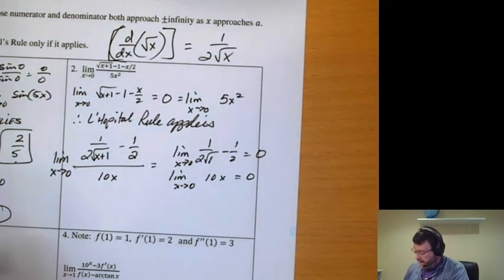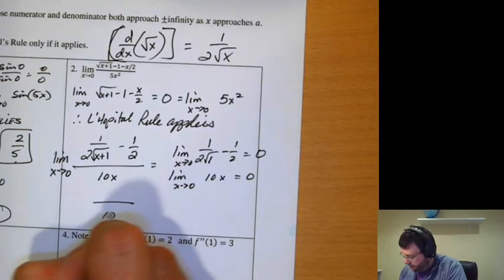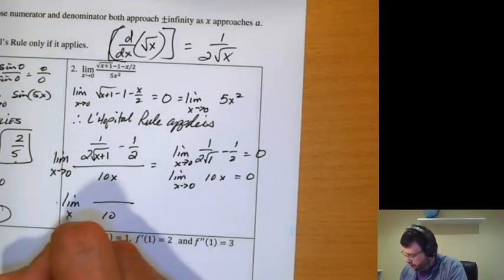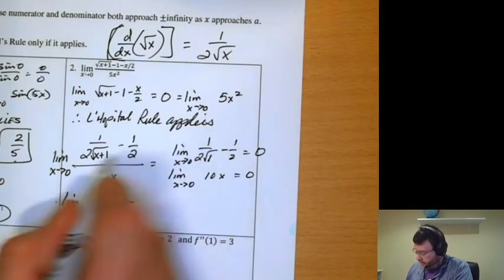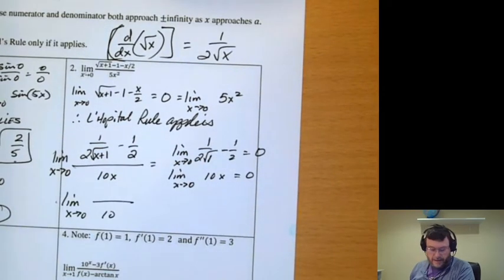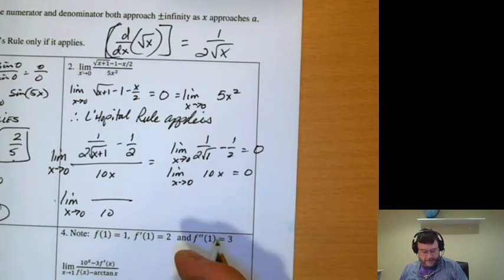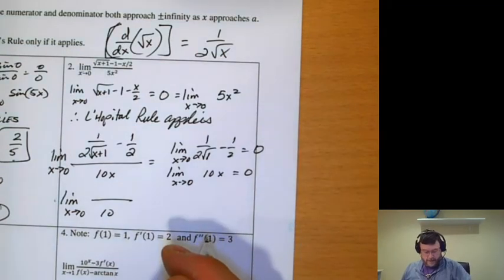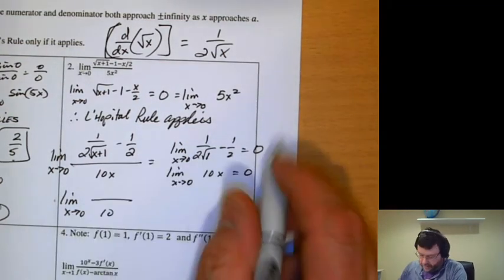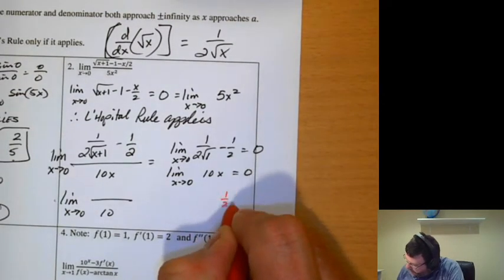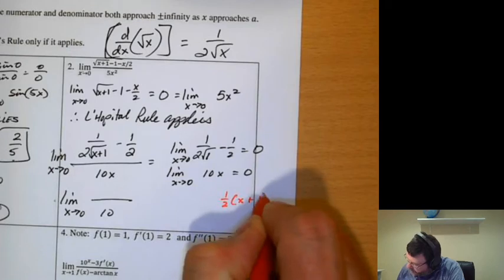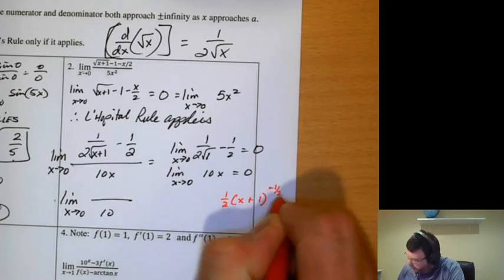So the derivative of that one more time, the bottom is pretty easy. That's going to be 10. On the top, derivative of this is going to be 0. Derivative of this is going to be, and if you haven't done that one before, I'm going to do it this way, 1/2 x plus 1 to the negative 1/2 power.